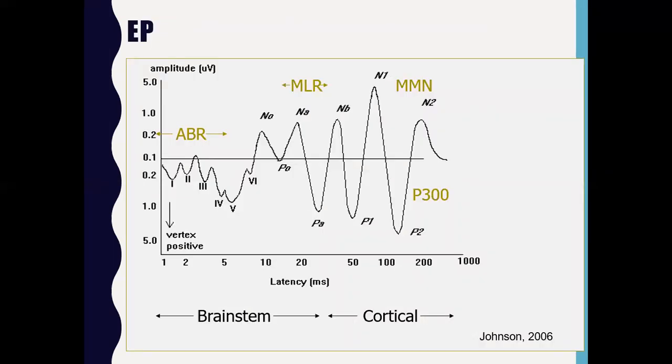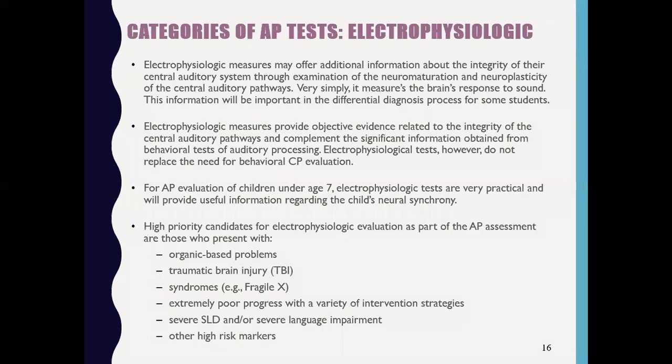So in this slide of electrophysiology responses, you can see that we're talking about the ABR response initially, and then we're going to the middle latency response and then the late response. In between there is the MMN, the mismatch negativity, and the P300 response. So we're going up into the cortical area looking for abnormalities.